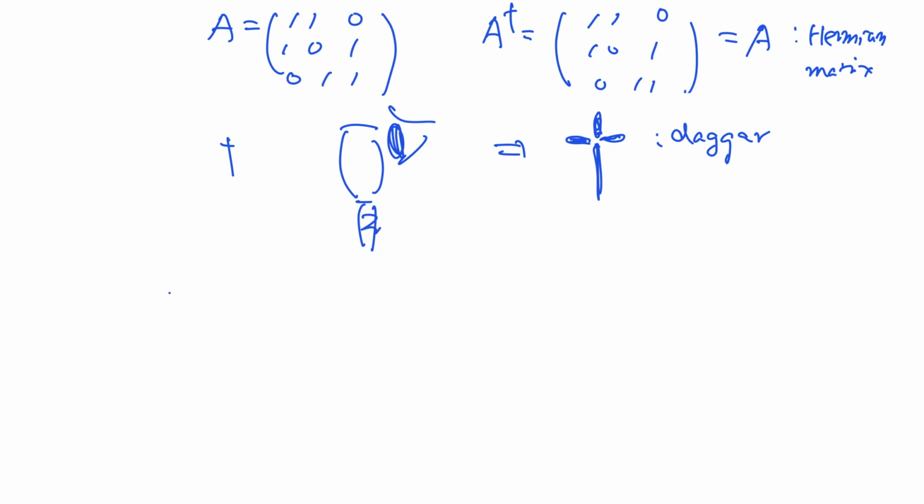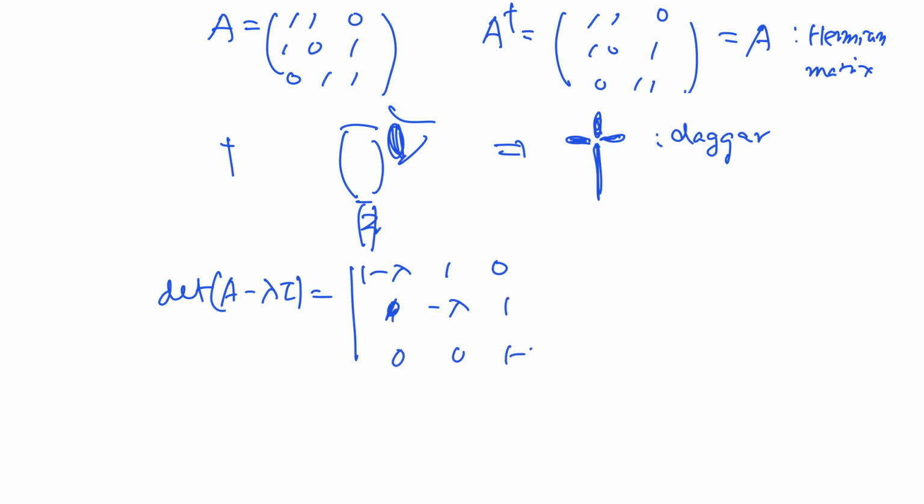So the determinant of A minus lambda I is the determinant of the matrix 1 minus lambda, 1, 0; 1, 0 minus lambda, 1; 0, 1, 1 minus lambda. Let's try to calculate this first.